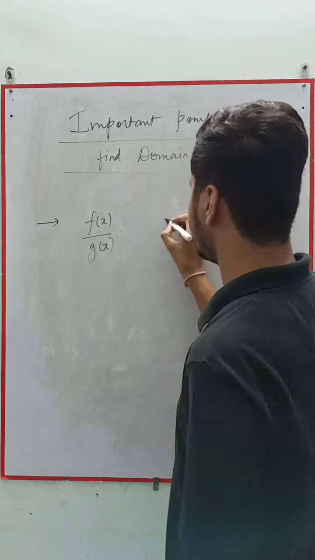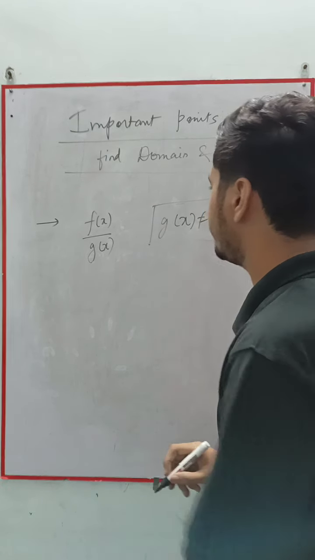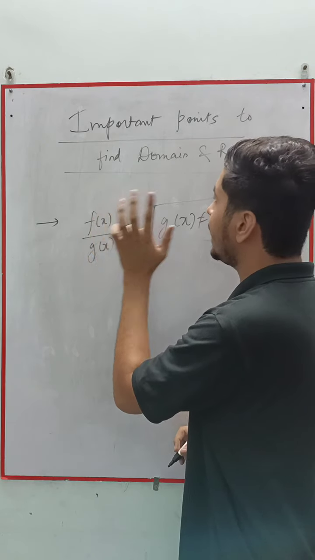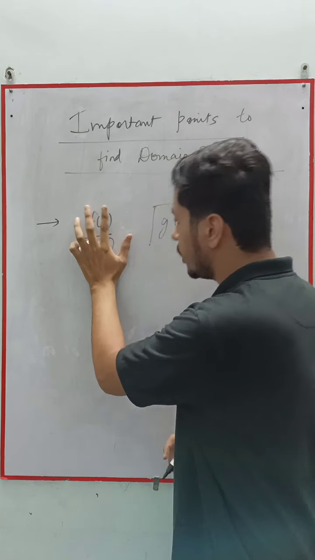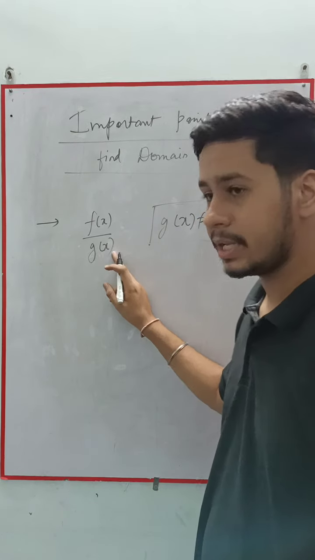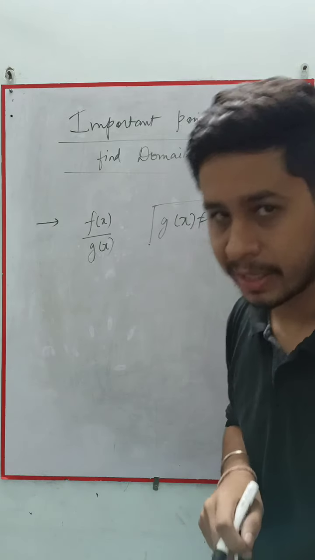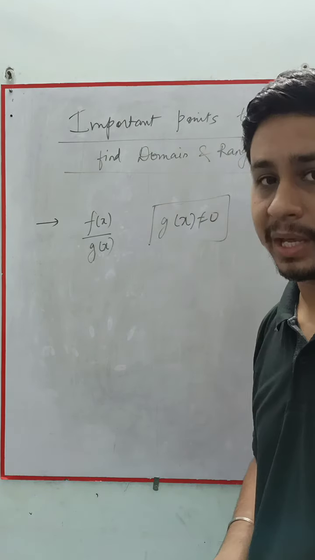So here what does this say? Your g(x) should not be equal to 0. Whenever you want to find the domain and range of this particular thing, your denominator should not be equal to 0, because if it does, then your whole thing will be infinite, not defined, and there you cannot find its domain and range.